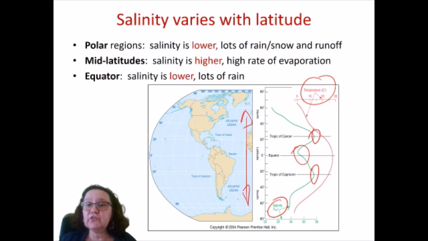So polar region salinity is low. In the mid-latitudes the salinity is higher because the temperature is high, which means a high rate of evaporation, and there is not that much rainfall. Salinity decreases at the equator because yes, the temperature is high, but there is also a lot of rain.